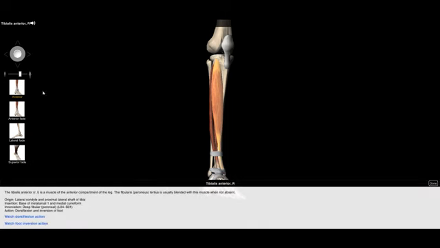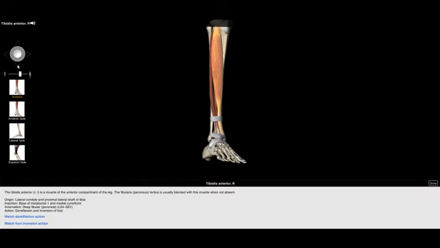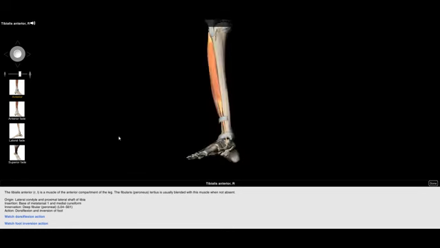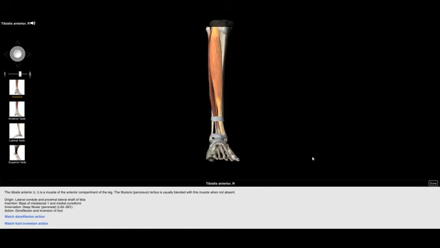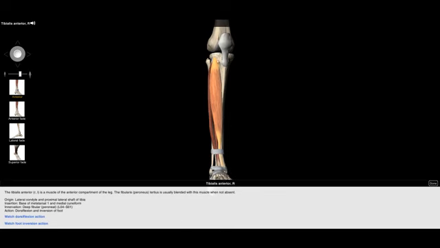and we can identify its attachment along the base of the first metatarsal and the medial cuneiform, and its proximal attachment then is along the lateral condyle and the shaft of the tibia.